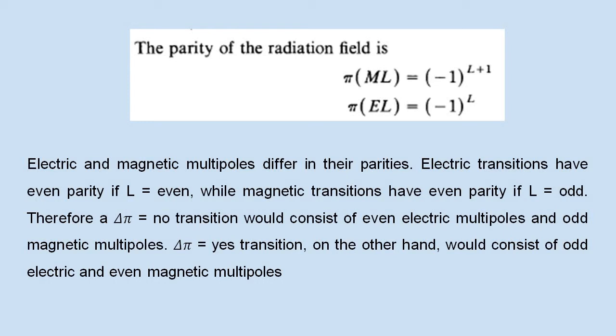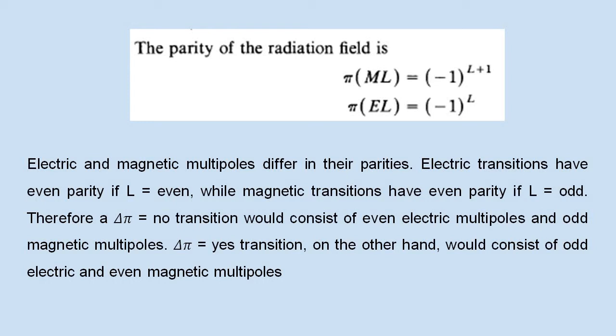So for a particular value, say L = 2, (-1) raised to 2 is 1, that means the parity is even. But for magnetic with the same value you get (-1) raised to 2+1, that is (-1) raised to 3, that is -1.